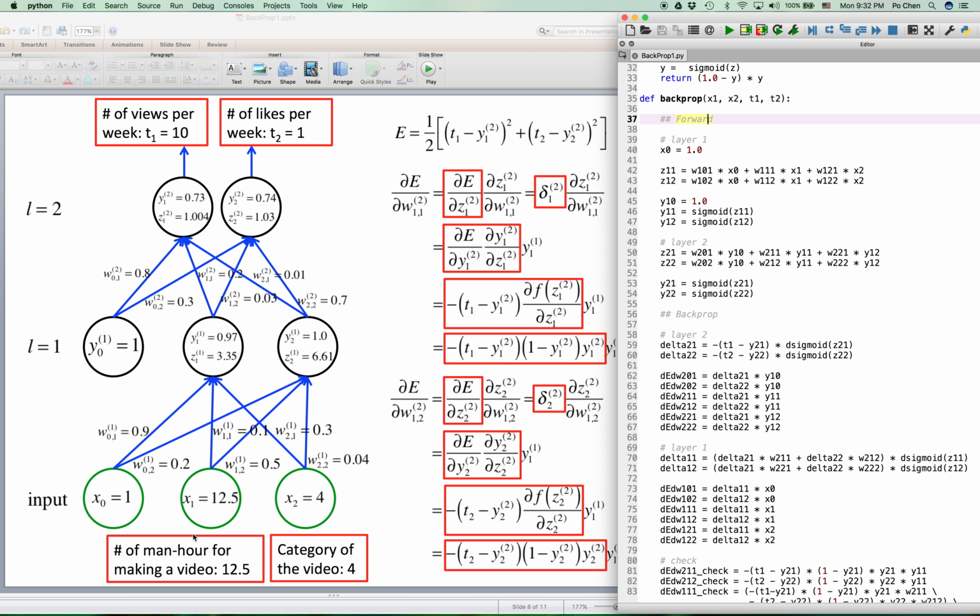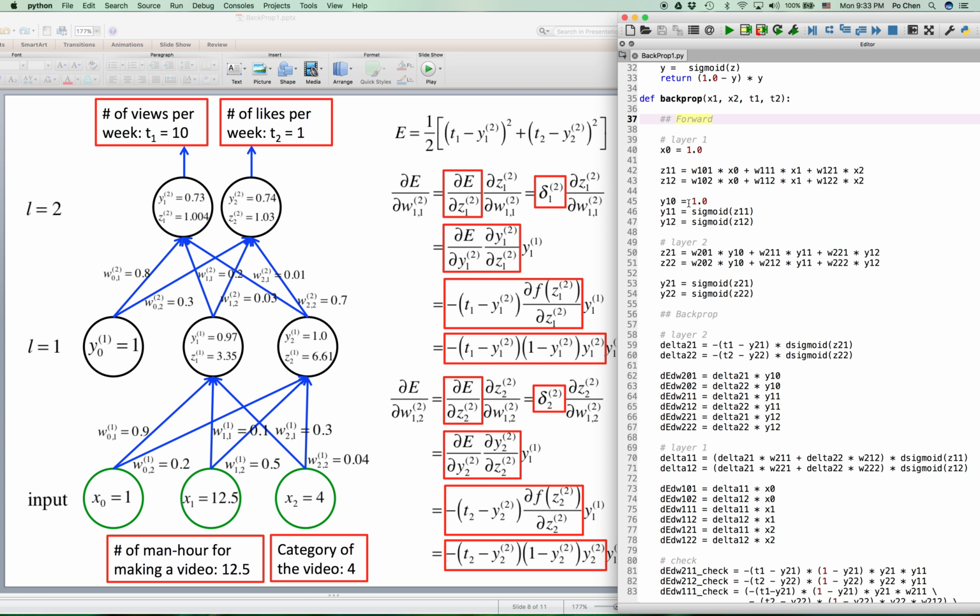And during all this forward calculation, we compute and store all the logits and the neuron outputs, all the z's and all the y's inside of every neuron. So all the logits, z11, z12, z21, z22, and the corresponding y's, y11, y12, y21, y22, are computed and then stored inside of variables.